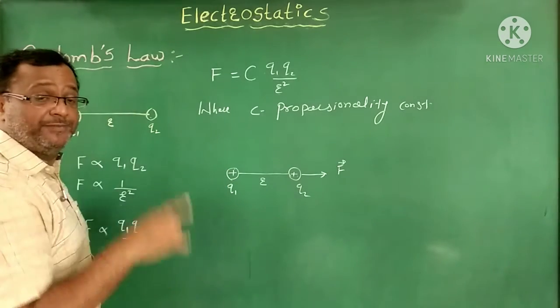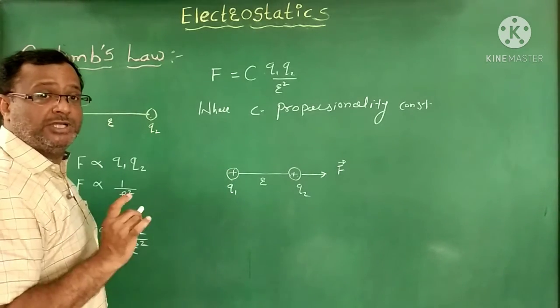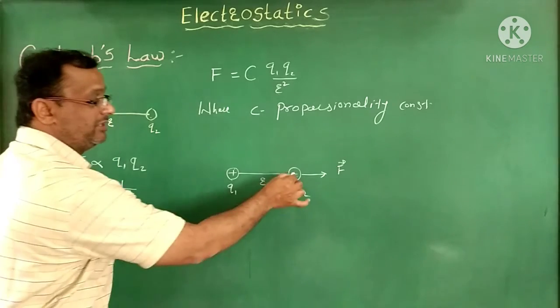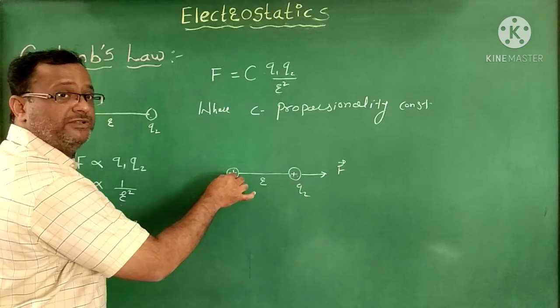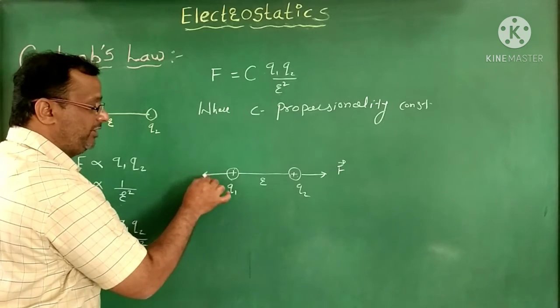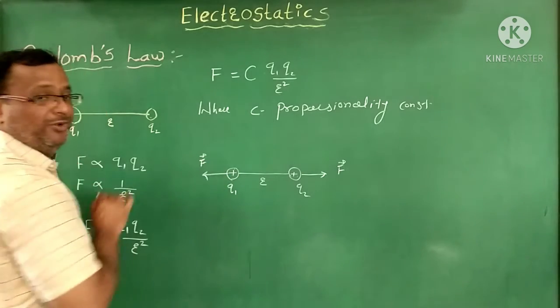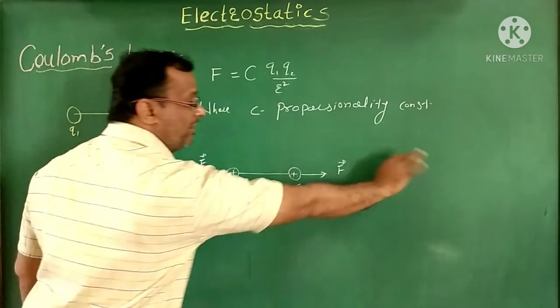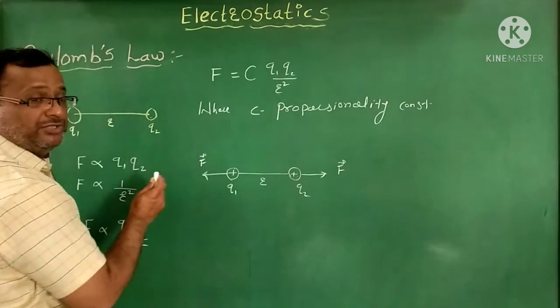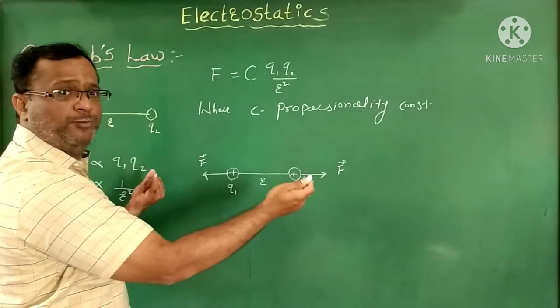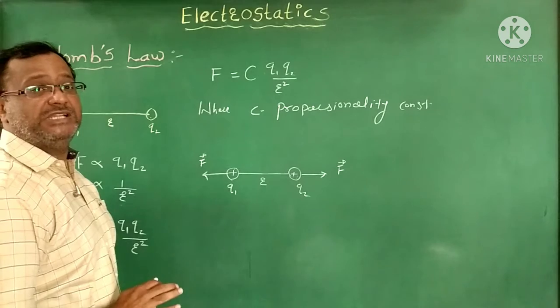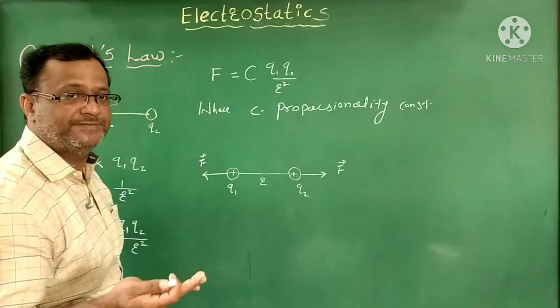At the same time, as per Newton's third law, every action has an equal and opposite reaction. The second charge also acts a force on the first one, in the opposite direction. It means that due to that force, the distance between these two electrical charges increases.